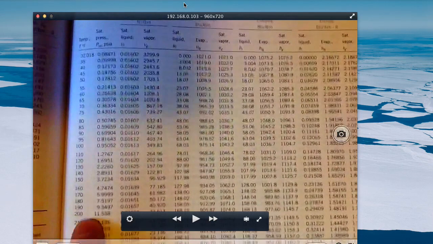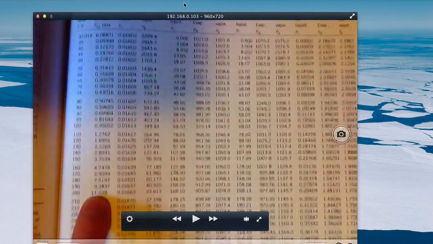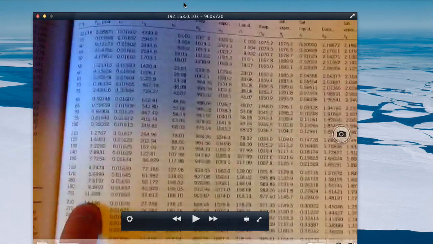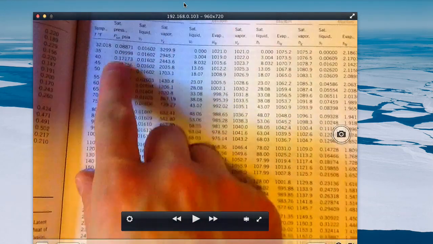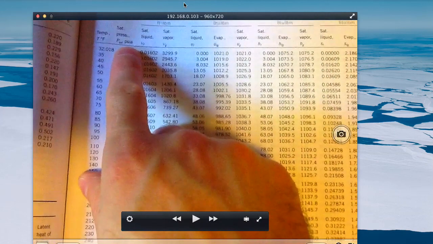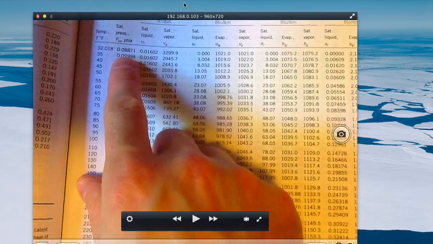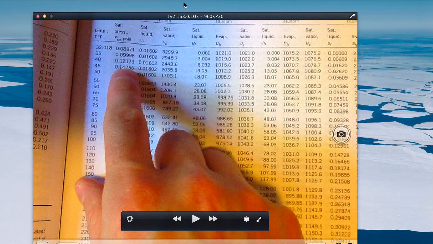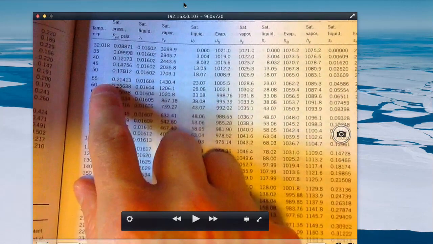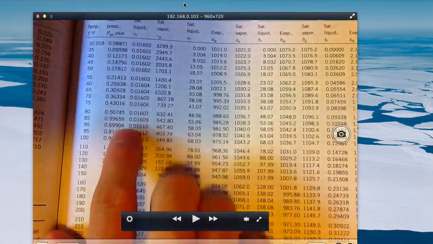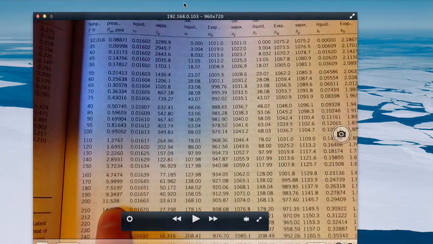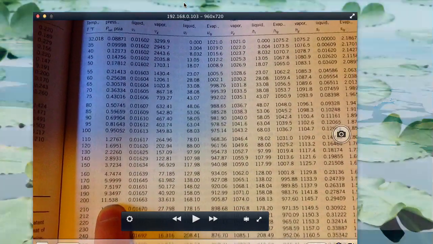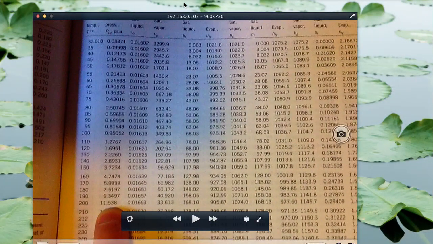And that first column of data right after the temperature is the saturation pressure, right? These are the pressures that correspond to when the substance is saturated at that given temperature. So we're at 200 degrees Fahrenheit, so its pressure is 11.538 psia.